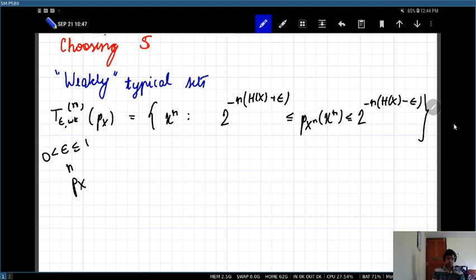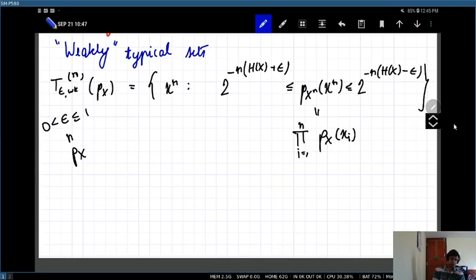And this is defined as the set of all those sequences xn whose probability, Pxn of xn, so for an IID sequence, this is the product for i going from 1 through n of Px of xi, is between 2 to the minus n times the entropy of x plus epsilon and 2 to the minus n times entropy minus epsilon.